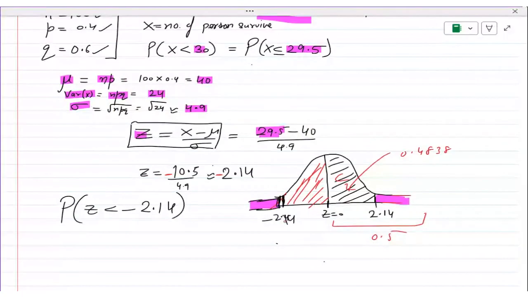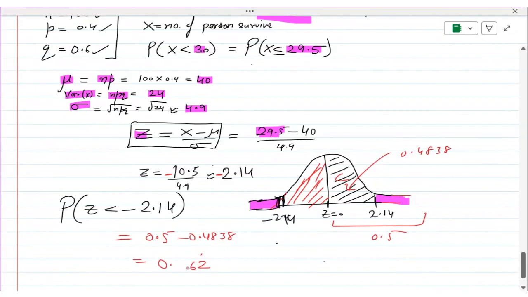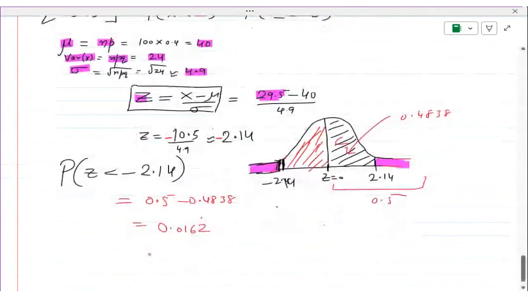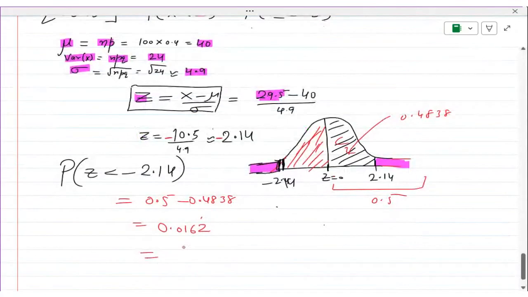So 0.5 minus 0.4838, which is 0.2610. So basically approximately 1.6%, right?